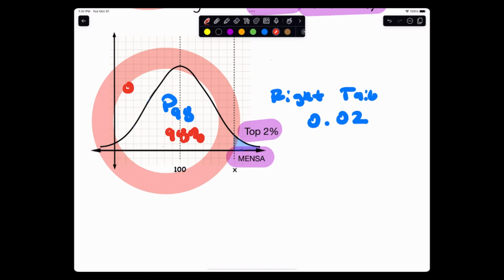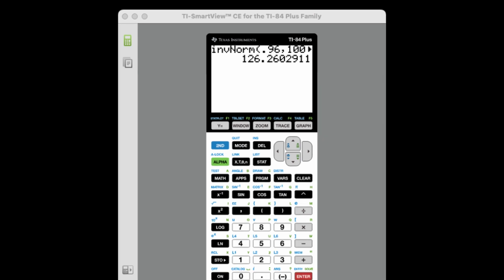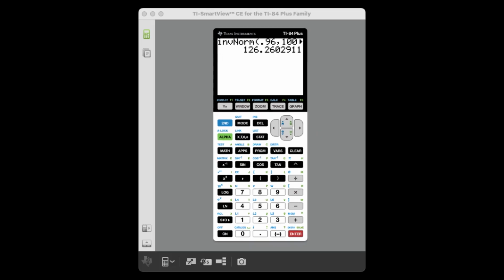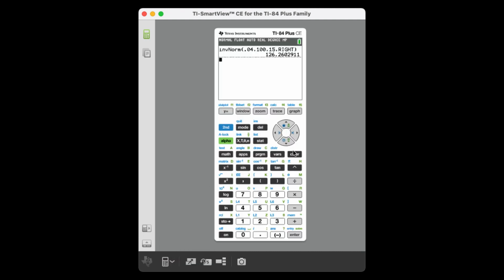So some of you guys have the default calculator. We'll do both. You're going to use that default. I'm going to use the right tail, though, because I spent a little money to get the new calculator. And what that means is I have left tail, right tail options.